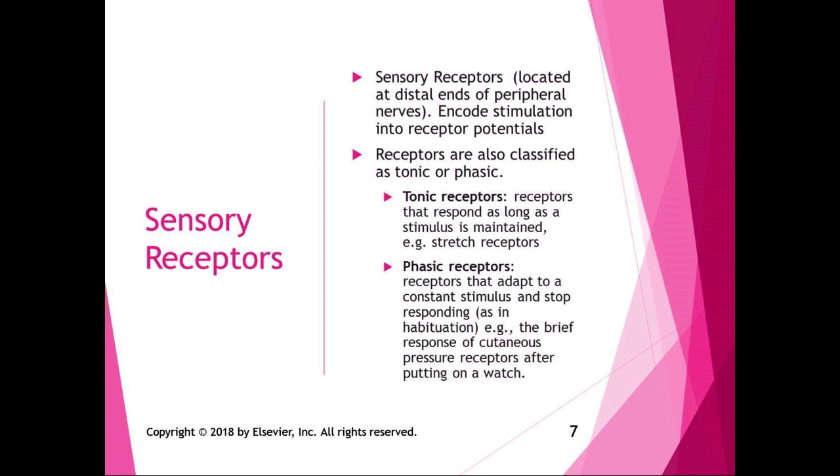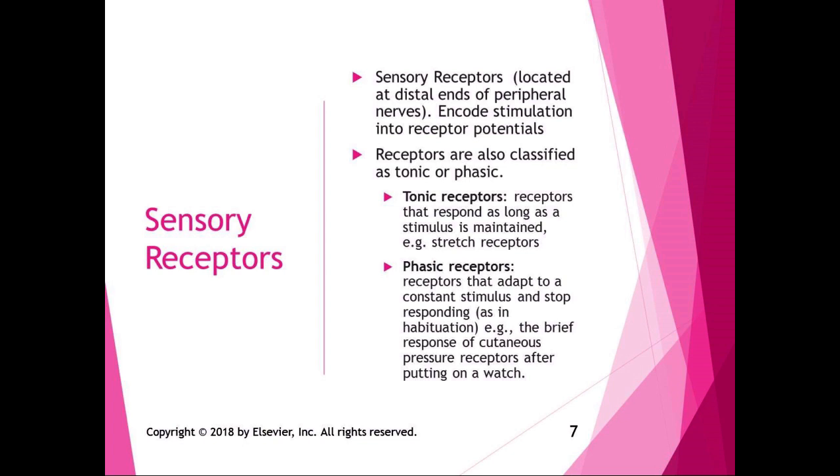Phasic receptors adapt to a constant stimulus and stop responding. This is the process of habituation that we talked about in chapter 7. So when you put on a watch, this is my example, right at first you feel it. Or when you put on your clothes in the morning, right at first you feel the clothes on your body. You feel that sensation.